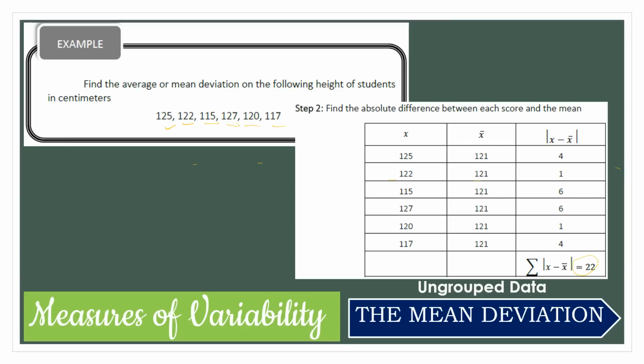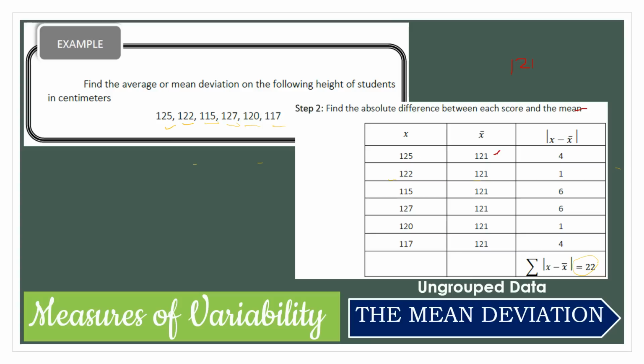We use that to accomplish step 2. For step 2, we find the absolute difference between each score and the mean. Since we know that the mean is 122, am I right? Oh no, it is 121. It's already stated here.